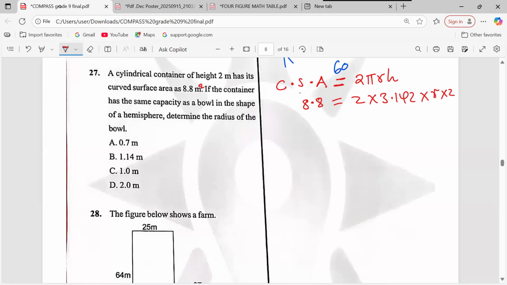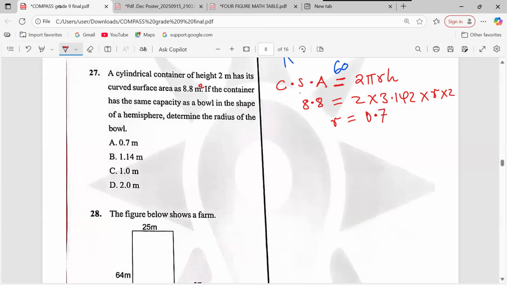So how shall we get the value of r? We take 8.8 divided by 2 times 3.142 times 2, giving us exactly 0.7. So the radius is 0.7. Now we can talk about the volume.